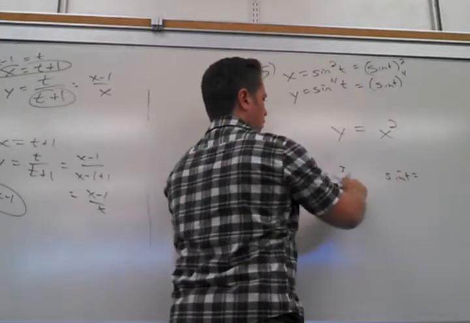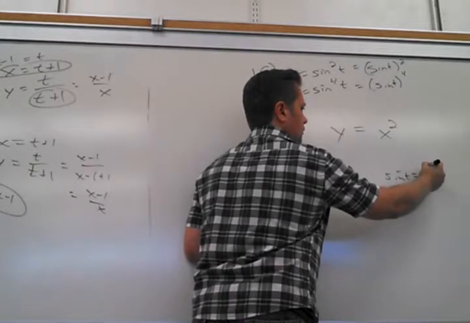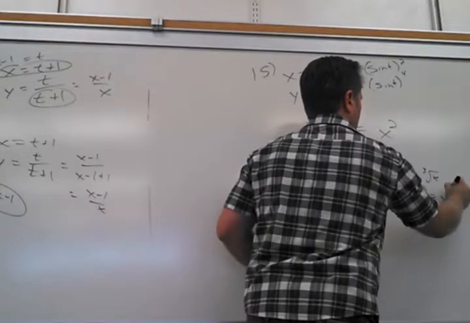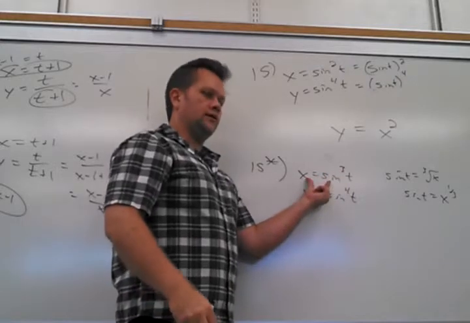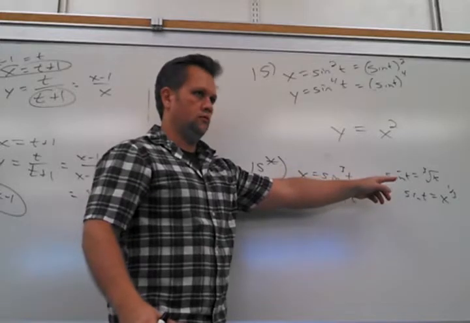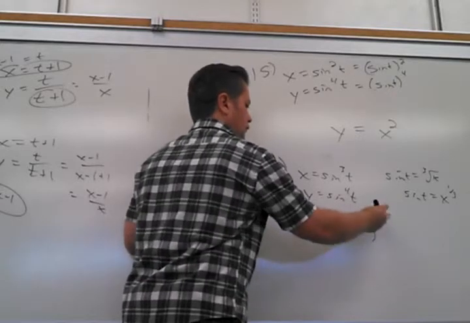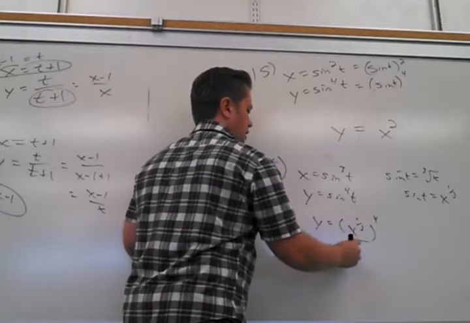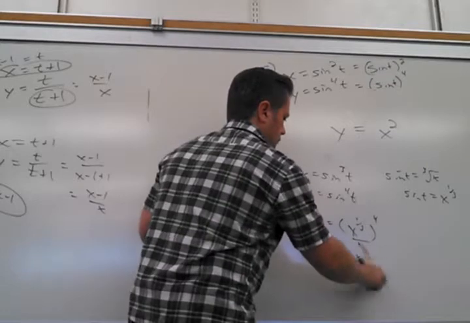So if x is sine cubed, sine is how related to x? X to the cube root? Yeah, or x to the 1/3, maybe even better. Then you can just plug it in. If x is sine cubed, sine is the cube root of x. And then what is y doing to sine? To the fourth power. And what is sine t? X to the 1/3. So y is x to the 4/3.